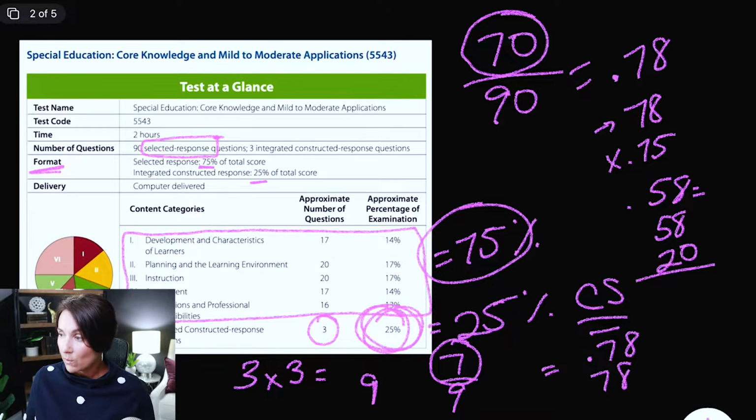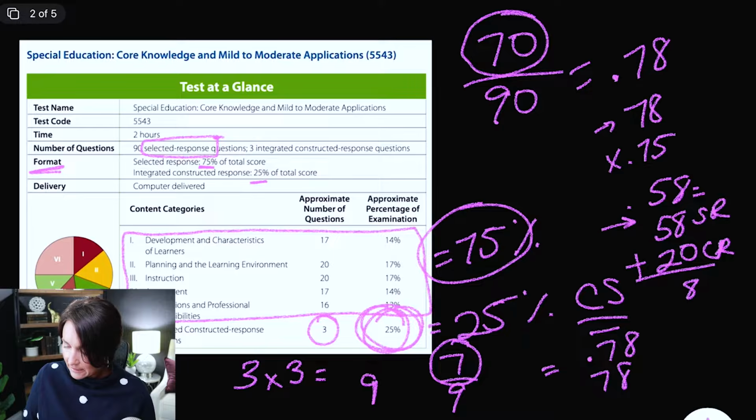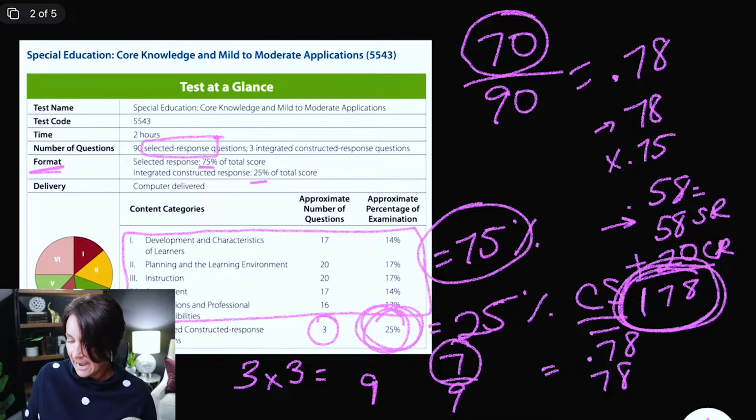Okay, now what I want to do is take my score that I just did for my multiple choice or selected response here and add that to my constructed response here, CR, and I get 78. And then what they do is they add the 1, which would give me a 178 on this particular exam, okay?